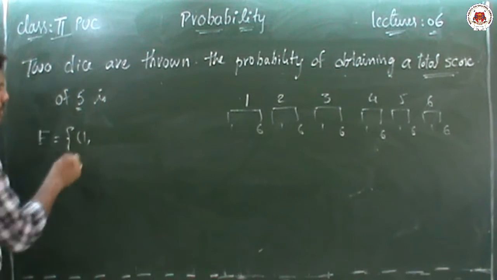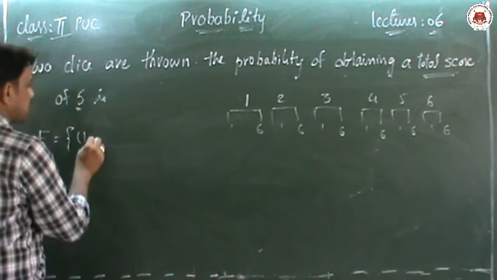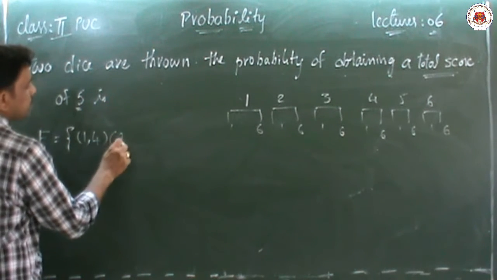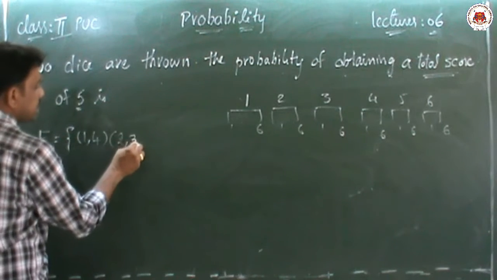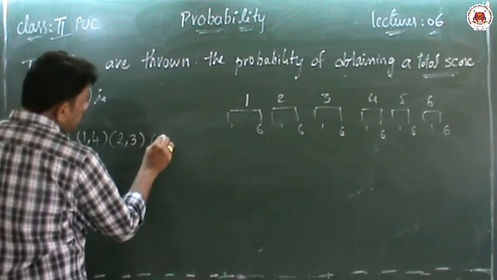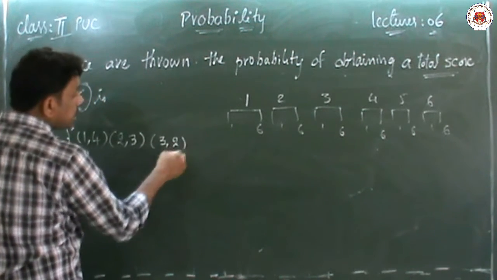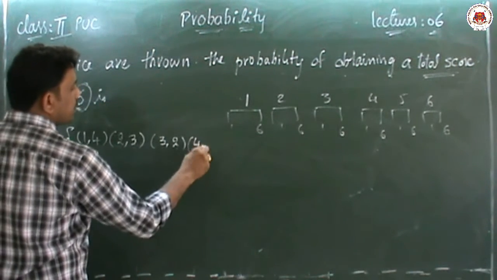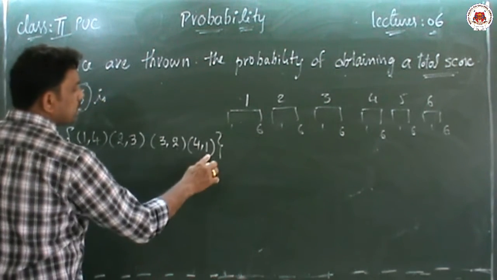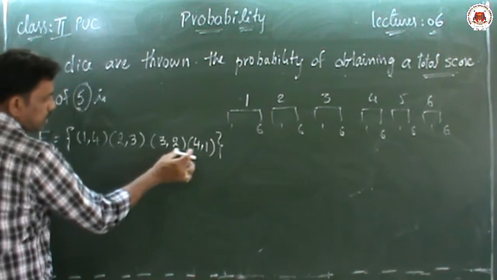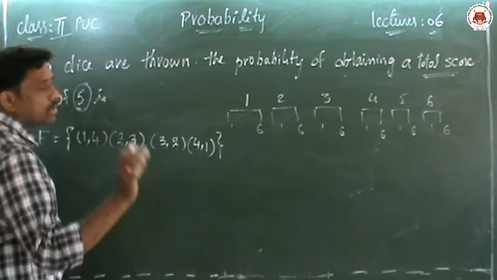Suppose on the first die the number is 1, then the second die must be 4, because 1 plus 4 is 5. If the first is 2, the second is 3, because 2 plus 3 is 5. If the first is 3, the second is 2. If the first is 4, the second is 1. So these are the elements whose total is equal to 5.